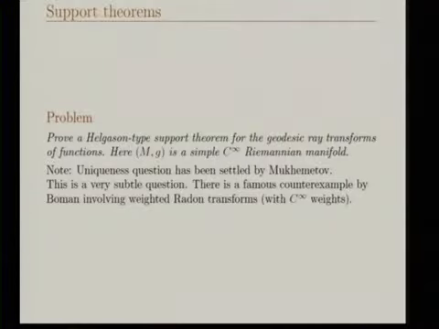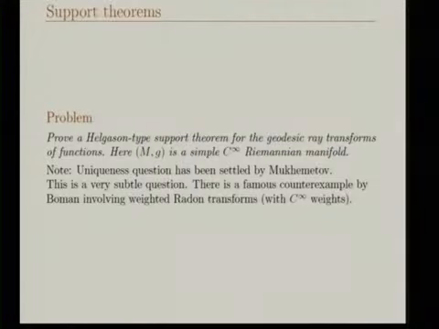So remember the Helgason type support theorem that Boman and Quinto showed. Also, in the trivial case that you consider, you can show uniqueness, right? A support theorem is a stronger result. So you have uniqueness due to the result of Boman and Quinto for weighted Radon transforms in the analytic category.